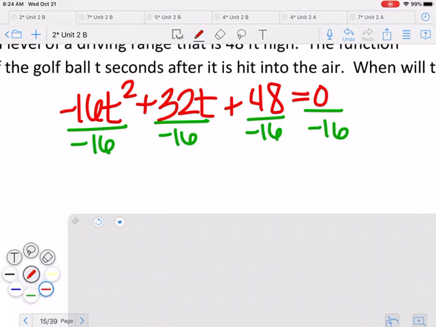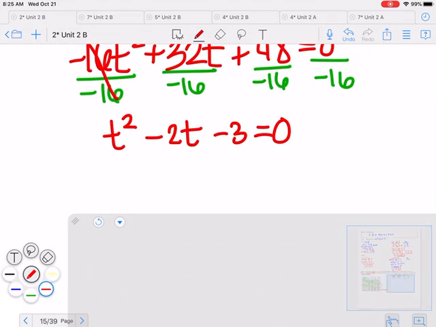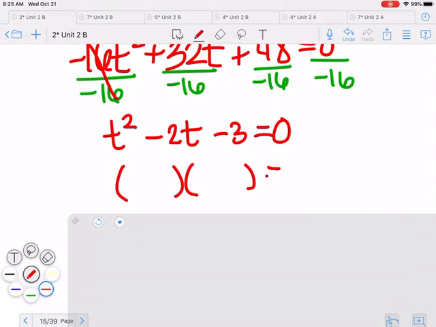Then we get t squared minus 2t minus 3 equals 0. This is much easier to solve, much easier to factor. Now my a value is equal to 1.